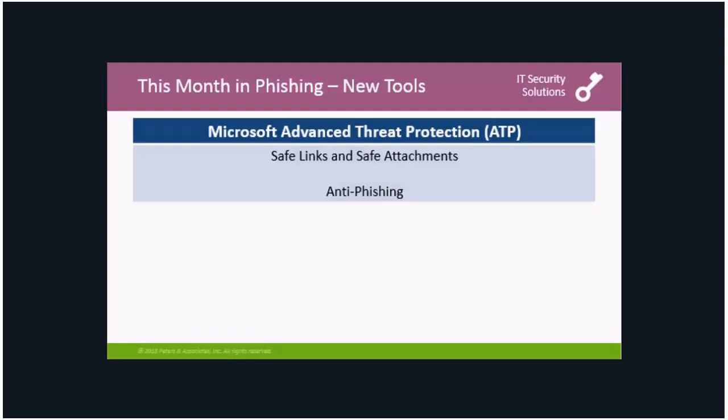The value of having those links overwritten means that if at any point in time that location is redirected to a potentially dangerous IP address, it's being checked every single time by Microsoft. Every single time a user clicks it, it's going to be checked and will be blocked by Microsoft if it is a malicious site.